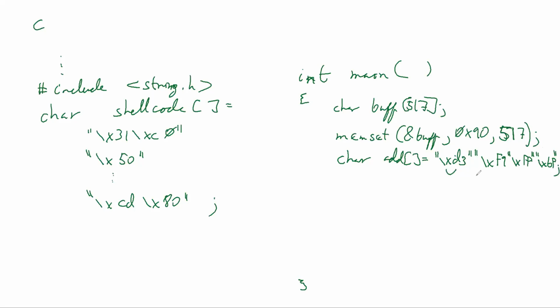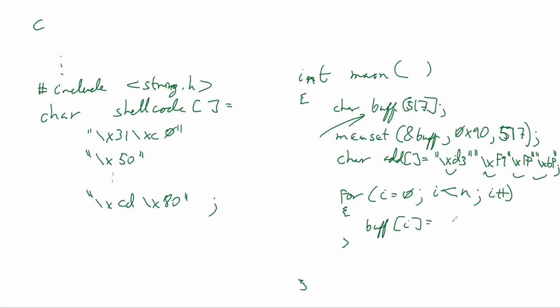So as we had discussed, the idea is that there's 4 of these that make up the address. So then once you have that, you're going to do a for loop for i equal 0, i less than n. You have to figure out that n, i plus plus. And then all you have to do is what I indicated, that buffer, buff, same buff over there, right? i equal address, this is that address. And then i percent 4, right? And then that's it. You've added the address into buffer.